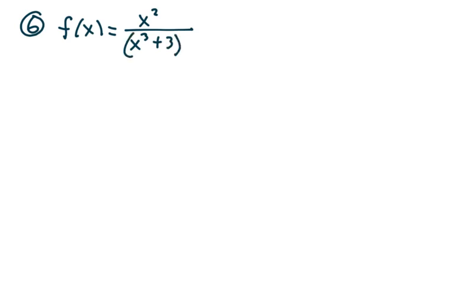Let's take a look at problem 6. Suppose f of x is x squared over x cubed plus 3 to the second power. And my interval is -1 to 1. And I want the average value of f.